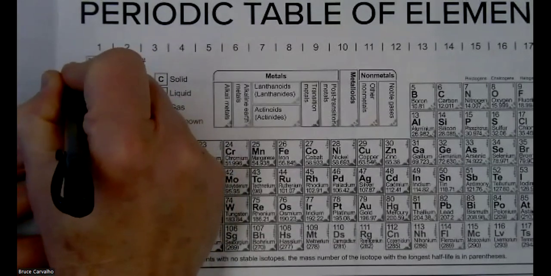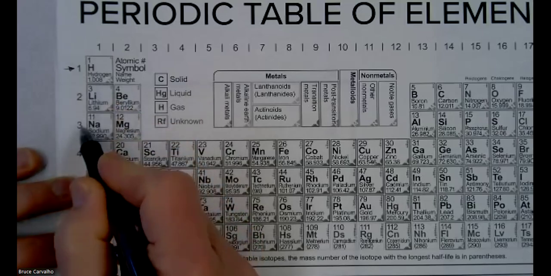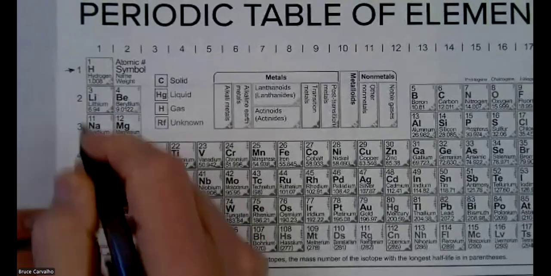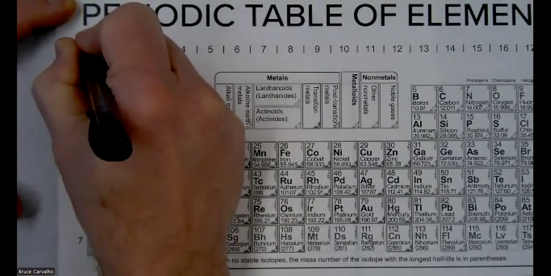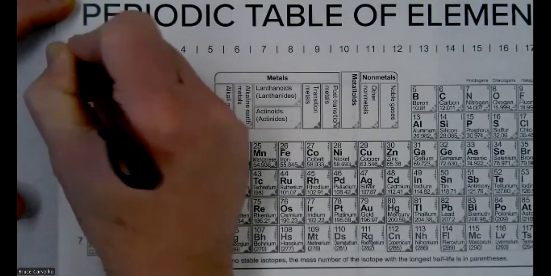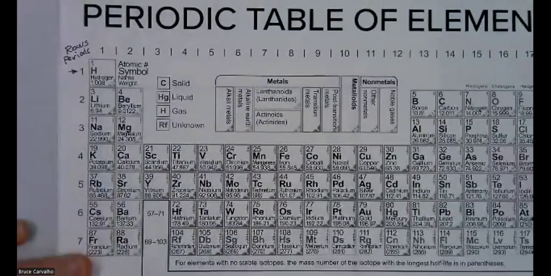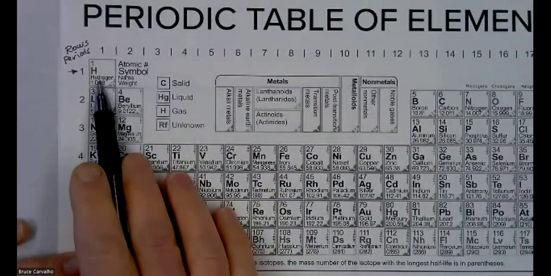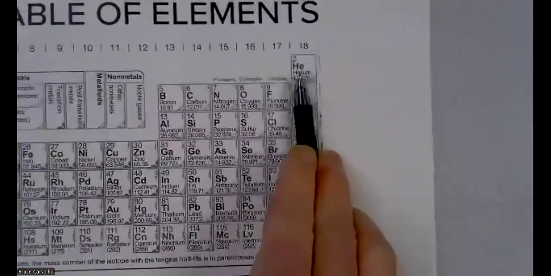The numbers that are up above each other on the left side, 1, 2, 3, 4, 5, 6, 7, those are called rows, and they are also called periods. They are the rows of the periodic table. So that means everybody in the first row, which includes hydrogen, and all the way over to helium, two elements in the first row.